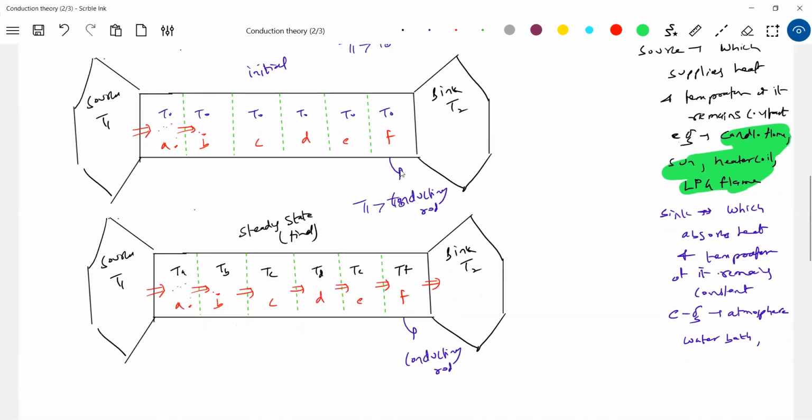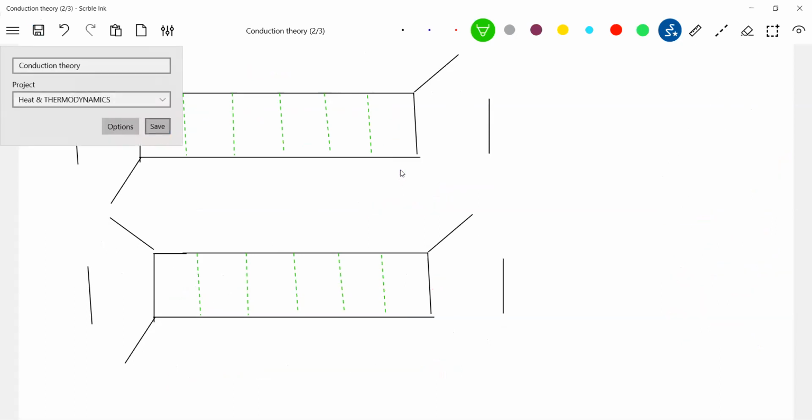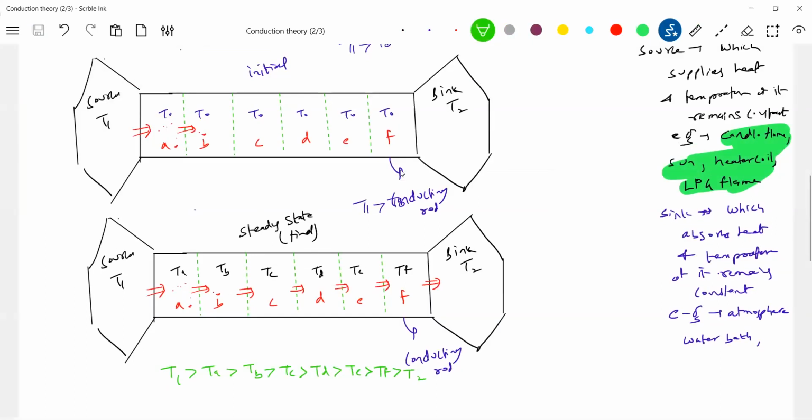A temperature gradient will be established. When you check the temperatures, the temperature of the source will be greater than that of the sink along the rod. There will be a temperature gradient, meaning the temperature will vary from source to sink.